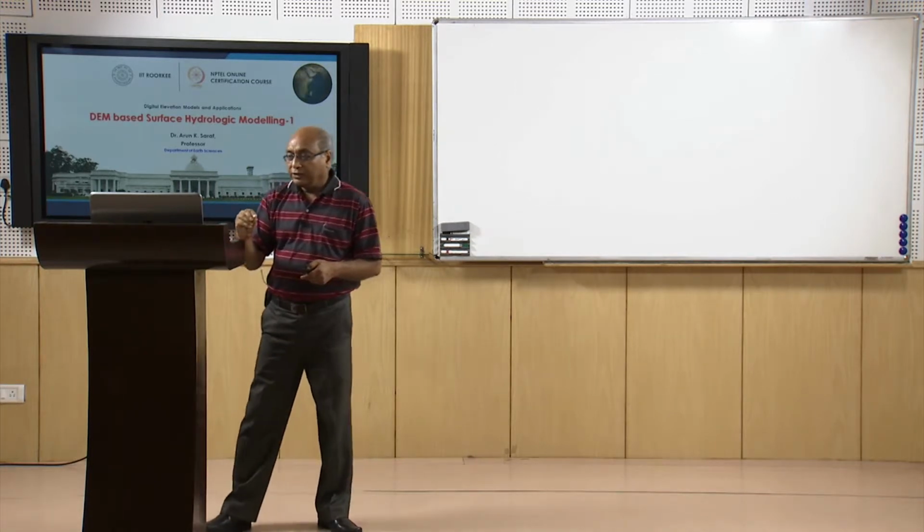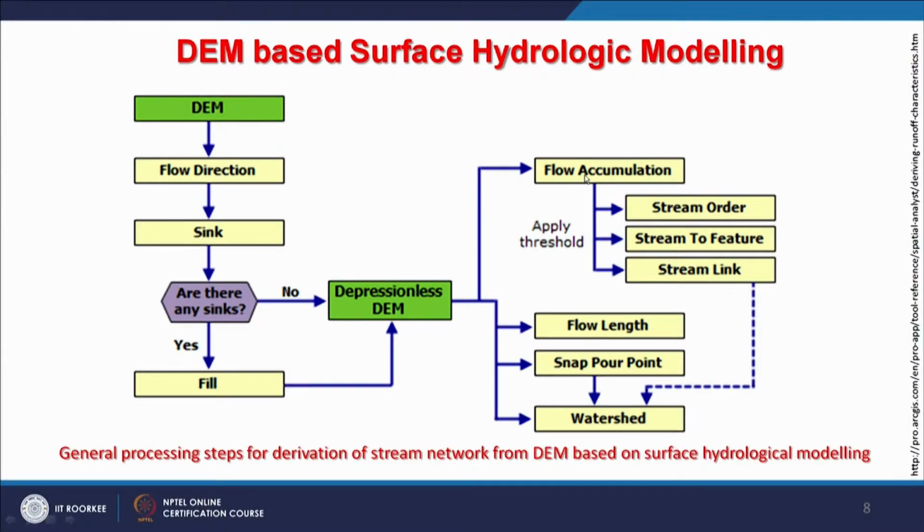Once we reach this stage, which one can perform very simply and quickly, we have these three products: flow direction, depressionless DEM, and flow accumulation. This flow accumulation can be used to calculate stream order, stream links and other things.